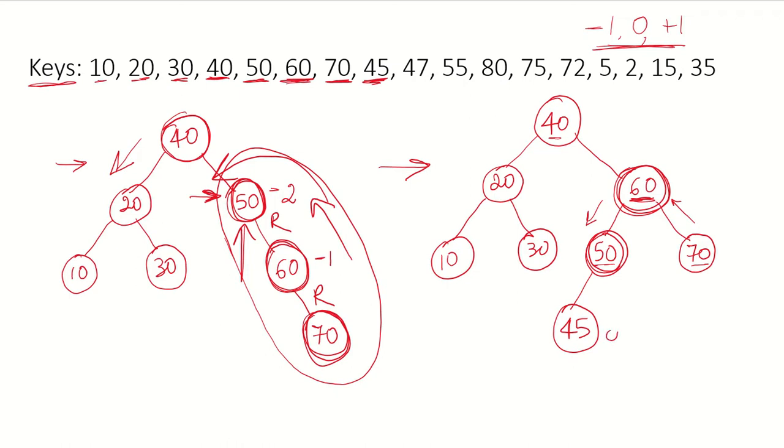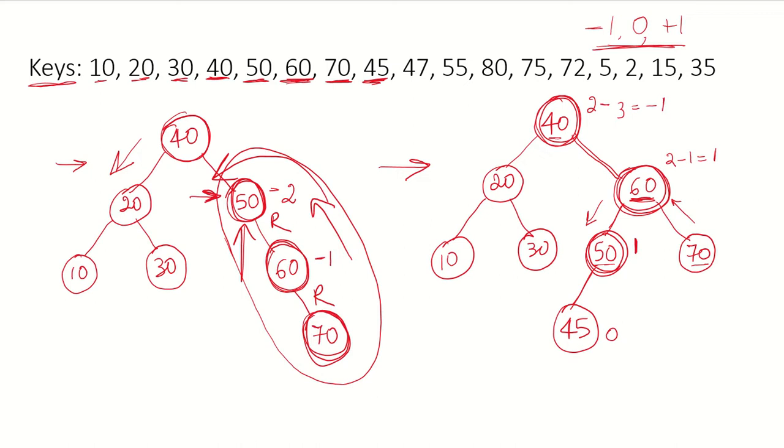The balance factor here is 0, balance factor here is 1, the balance factor here is 2 minus 1, which is again 1. The balance factor at this node is height of left subtree, which is 2, minus height of right subtree, which is 1, 2, 3, which is minus 1.